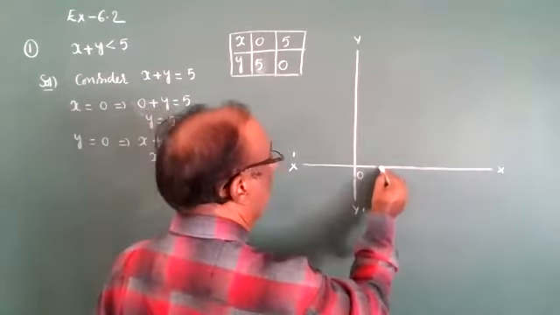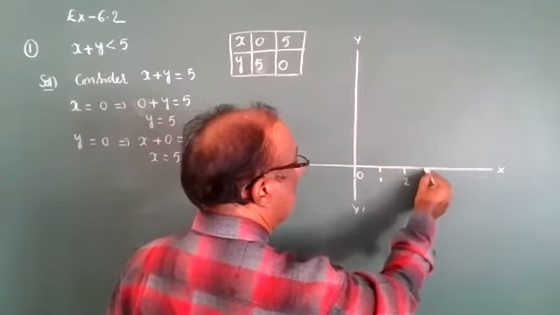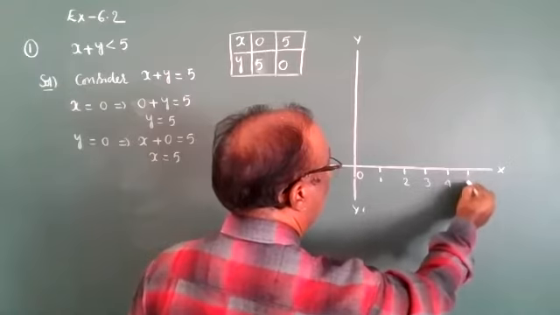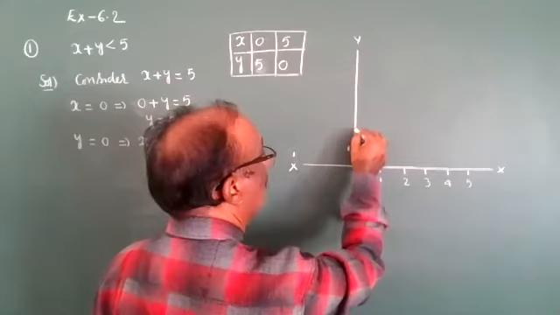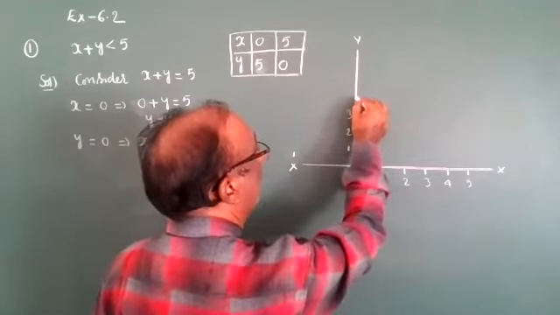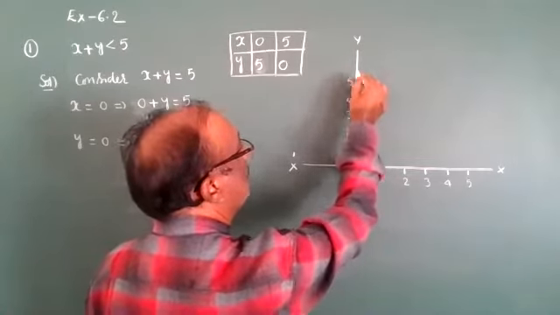On the x points you can take 1 centimeter difference: this is 1, 2, 3, 4, and this is 5. Here also, this is 1, 2, 3, 4, 5. You should put the bars.